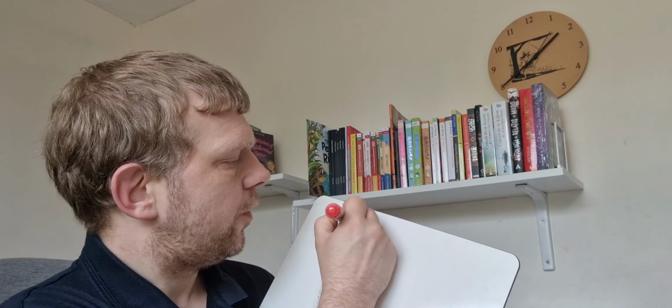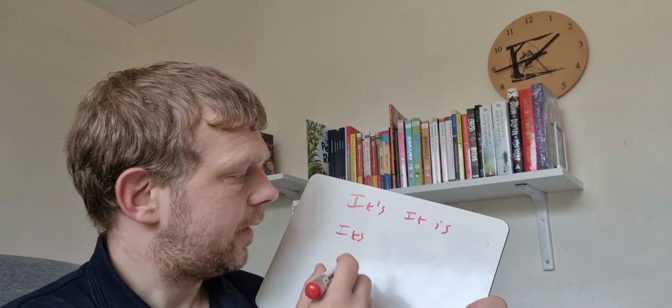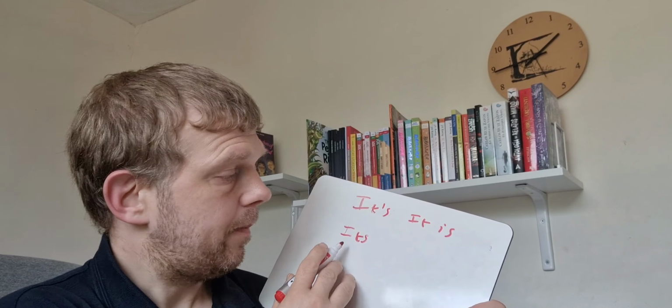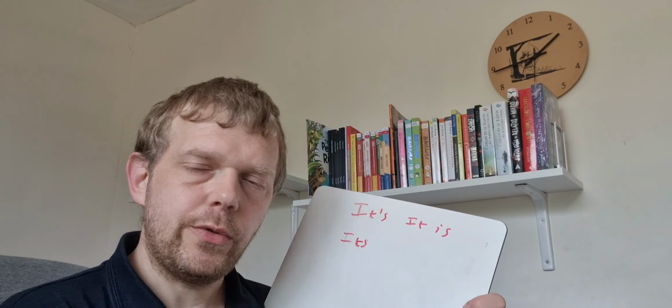Another common mistake is the word it's. It's is often confused with its, pronounced the same, but they're different. It's is a contraction of it is, whereas its is possessive. So, the dog ate its food, yeah? The its is possessive, the food belongs to the dog.